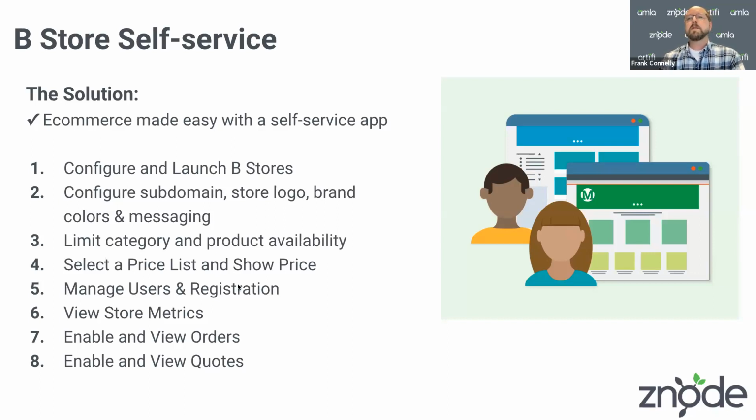Select price lists and show pricing. Manage users and registration, view store metrics, and there's two different ways that you can launch these stores, and it can be a combination of both. So you can use them just to do transactional commerce, enable and view orders, or if you want to go through a quoting process, you can do that as well, or you can do both.